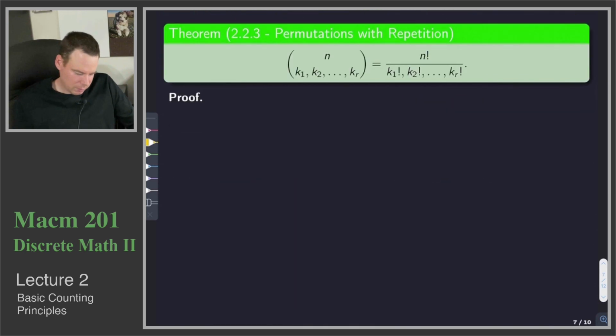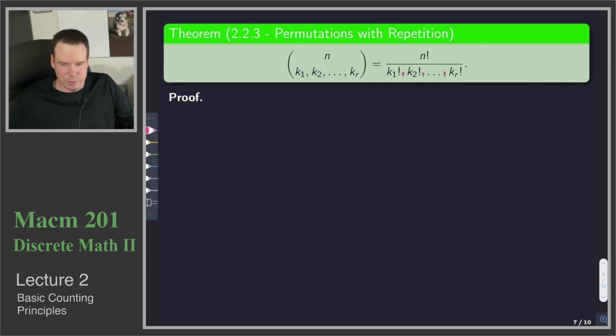The next theorem says that this symbol that represents permutations with repetition, if I had n objects, k1 of one type, k2 of another type, all the way down to kr of a last type, then that is equal to n factorial over k1 factorial times k2 factorial times and so on. Oh, I notice here that I have commas, but these really should be multiplication signs in between.